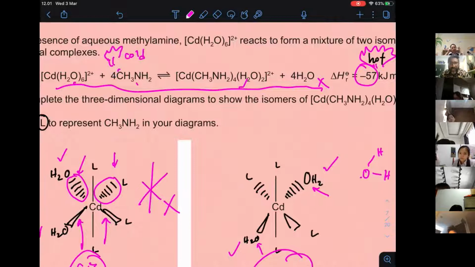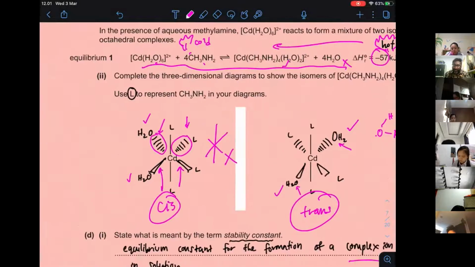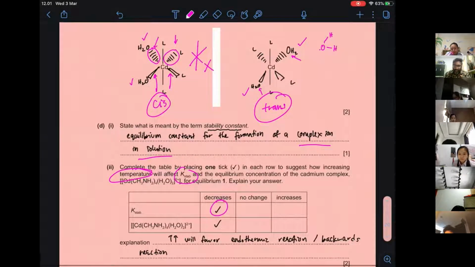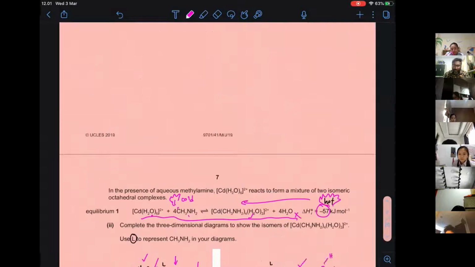So when I increase the temperature, I need to decrease the temperature. How do you decrease the temperature? By moving from hot to cold. So the position of the equilibrium is shifted to the left. So here, the K step is going to decrease. Why? Because you are going to form more reactants.